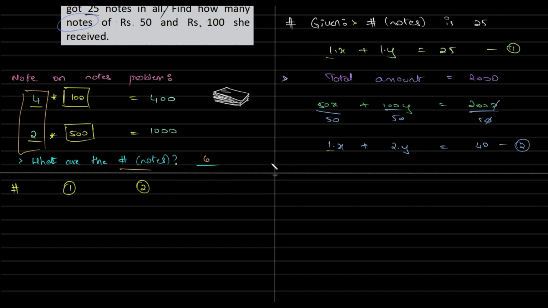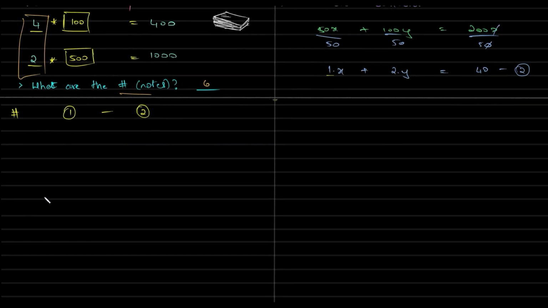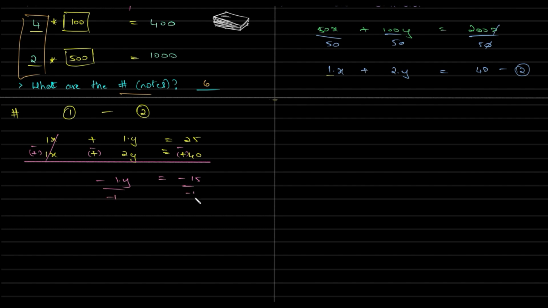We're looking at plus and plus, so we need to subtract. We have 1x plus 1y is equal to 25, 1x plus 2y is equal to 40. So minus, minus, minus. The x gets cancelled. Minus 1y is equal to minus 15, divided by minus 1, y is equal to 15.